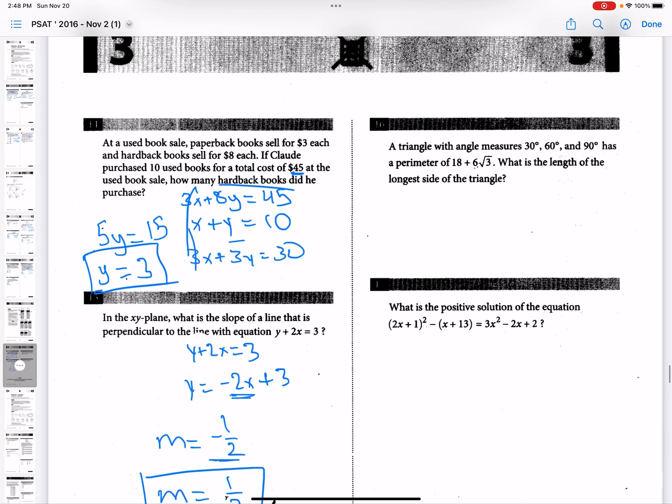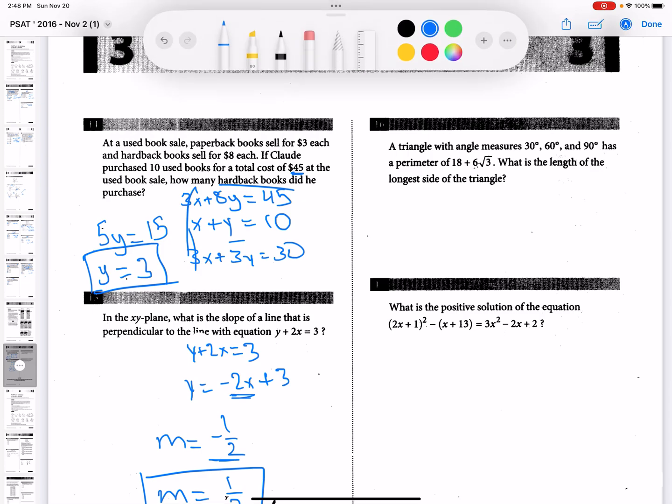Next question: a triangle with angle measures 30, 60, 90. First I'm going to draw that out. Okay, so now we see that the perimeter, which is all sides, is equal to 18 plus 6 root 3.